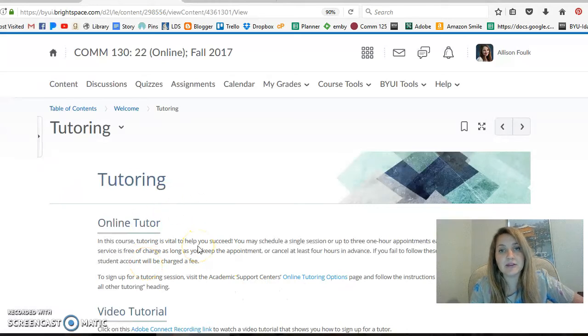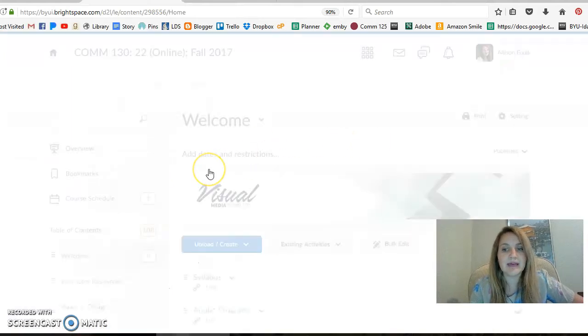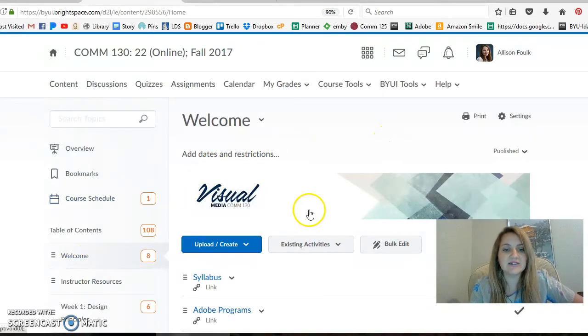If you're on campus, you have the additional resource of being able to swing by Spory 107, which is the communication lab. That's Spory 107, and all those computers have the Adobe Suite on them, which is really helpful. So you can use that, you can talk with the tutors there, and they will be able to answer your questions as well.